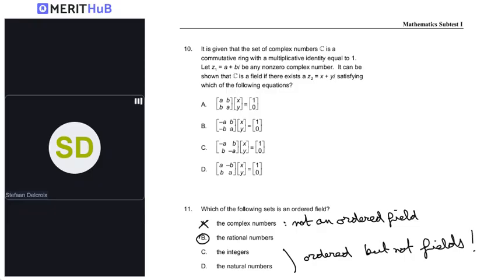This question requires you to first think, what is going on here? They're telling us it's a commutative ring and it has an identity, and we basically need to prove it's a field. Which property are we still missing in order to be a field? If somebody says you're a commutative ring and you have an identity, what are you still missing?